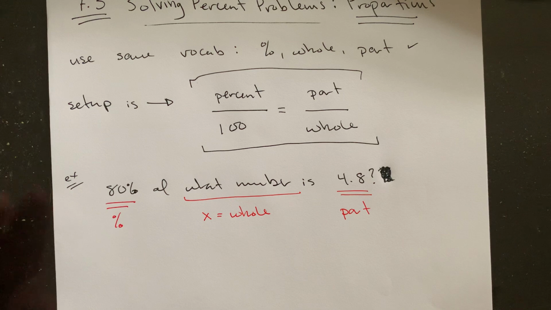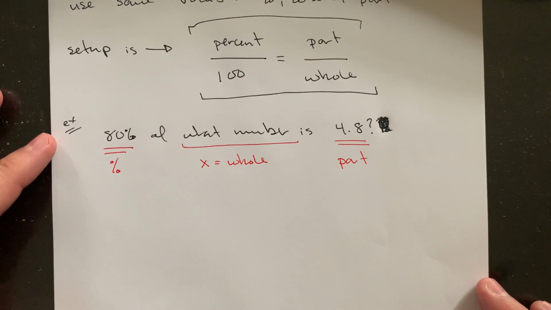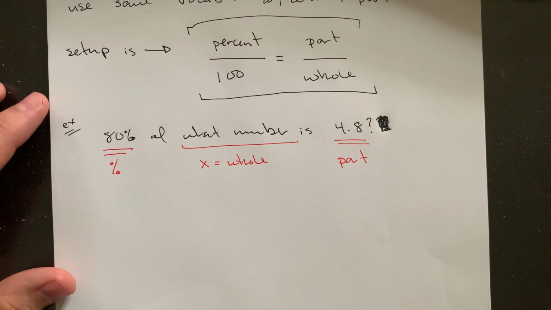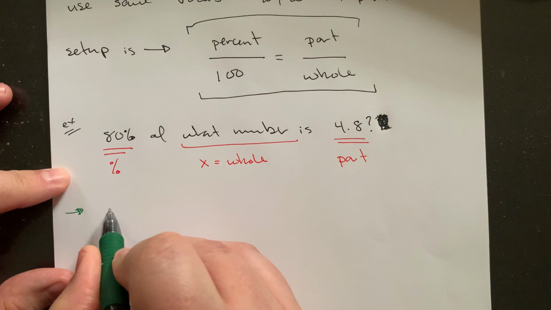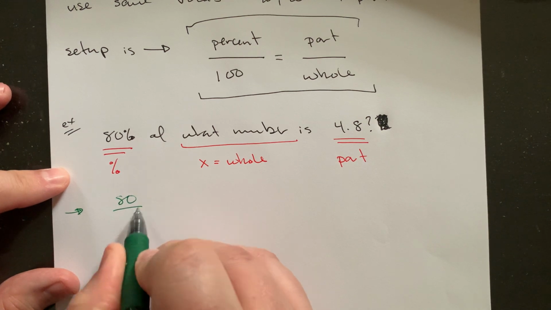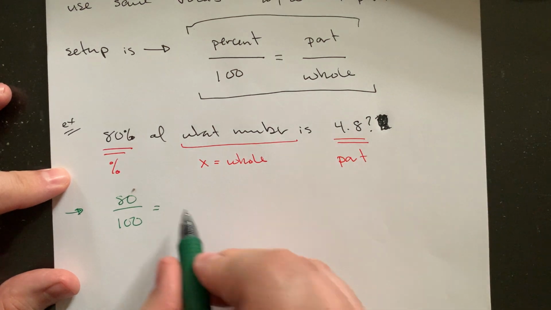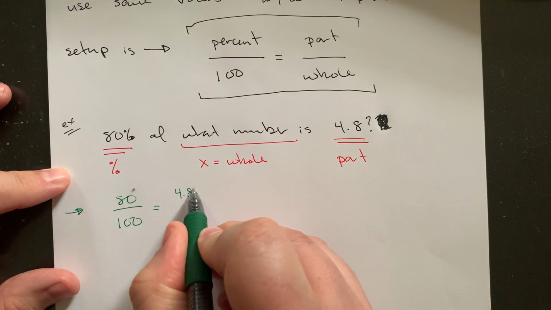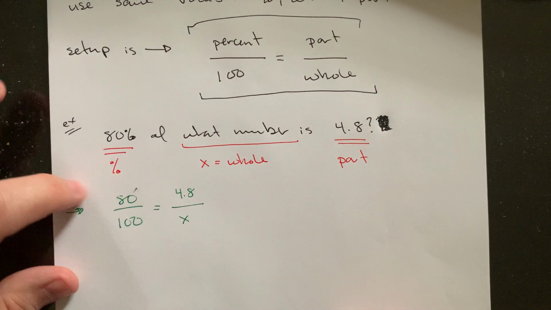We've got the other two identified. So then written as a proportion, 80% is 80 out of 100, is equal to the part, which is 4.8, out of what number. So my x is down here on the bottom.